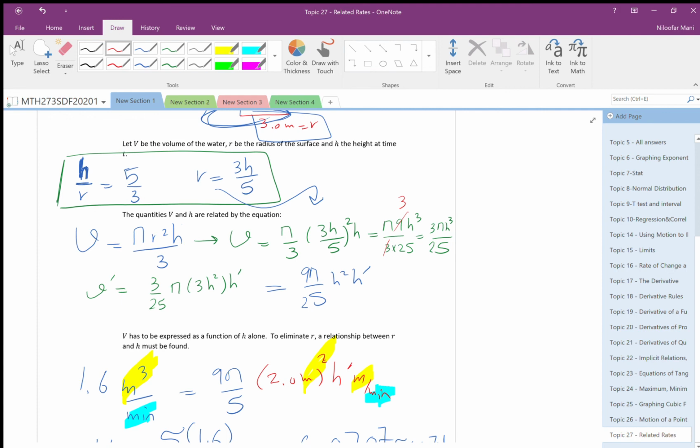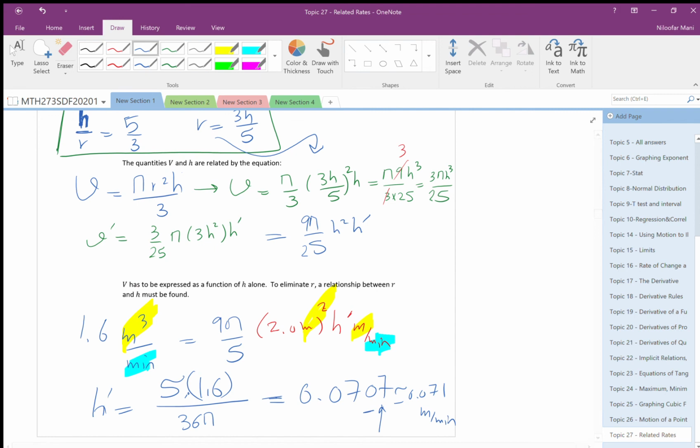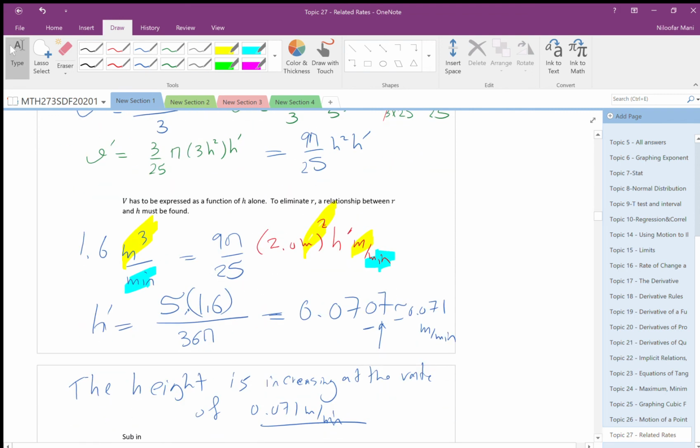Yes, so that's that. And then I have to do this, right? And then it is 25 times that. Okay, that's pi. It will be a larger number. So it's 25 times 1.6 divided by bracket 36 times pi. Okay, which is that. Yes. Okay, so that's acceptable.